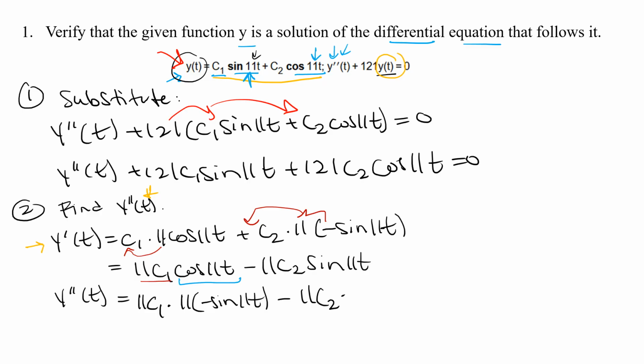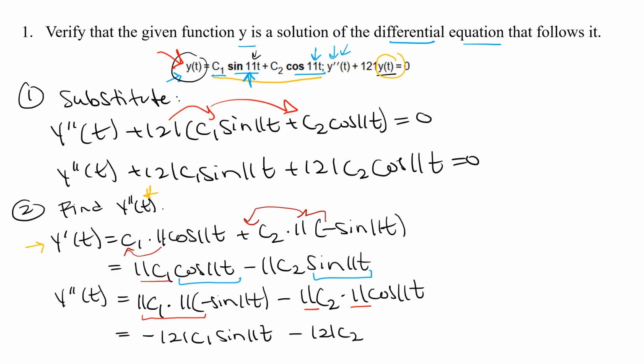Okay, the derivative of the inside here times the derivative of the outside, so 11 cosine 11t. All right, so let's put it together. Okay, so we're going to go ahead and distribute all of this, and here we multiply the 11s together. So we end up getting negative 121 c1 sine of 11t minus 121 c2 cosine of 11t.